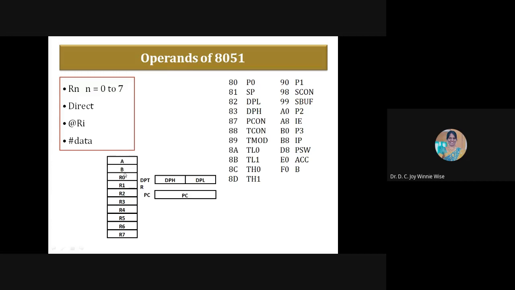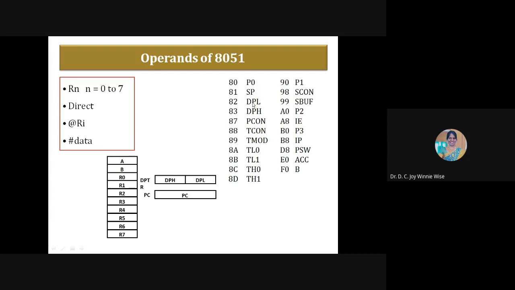So here we have the registers: accumulator, B register, and the group of registers R0 to R7. And DPTR, the data pointer register, which is used to refer to the external memory. And then we have the program counter, which contains the address of the instruction to be executed next. And these are the special function registers: port 0, stack pointer.